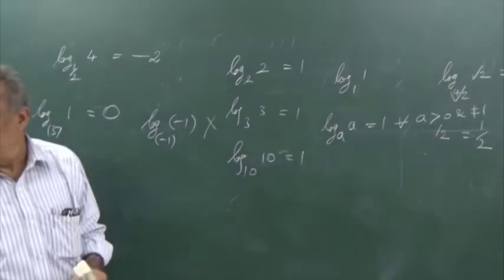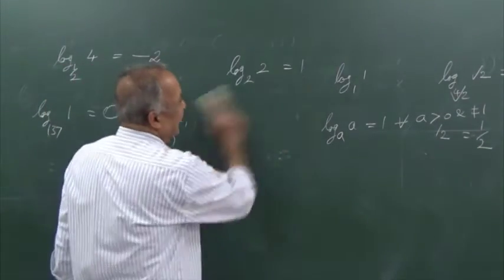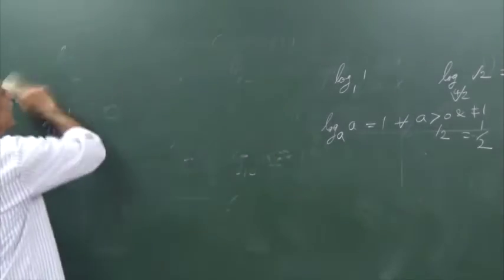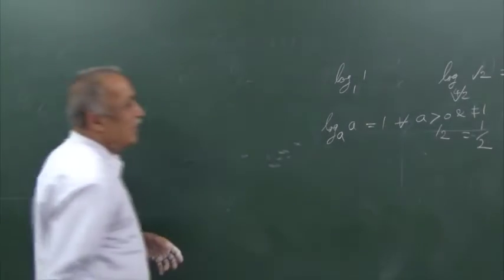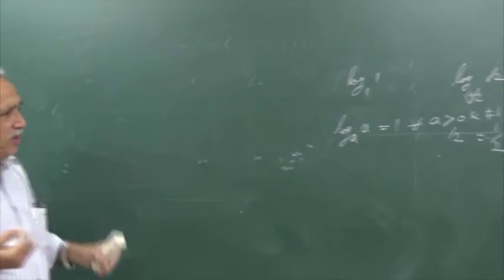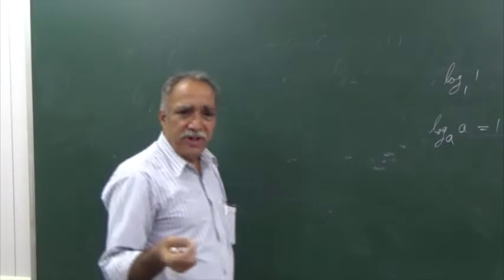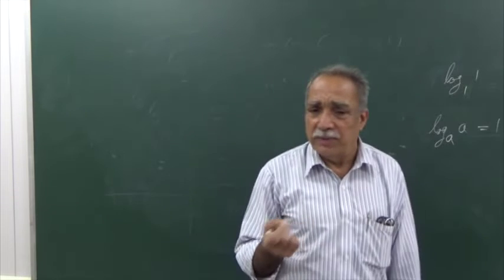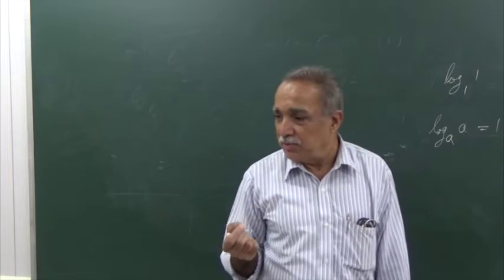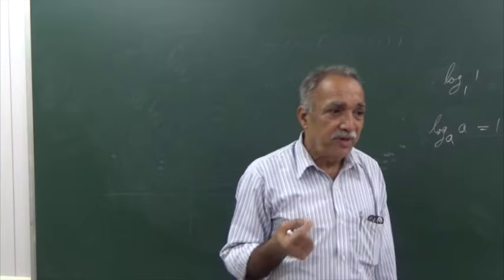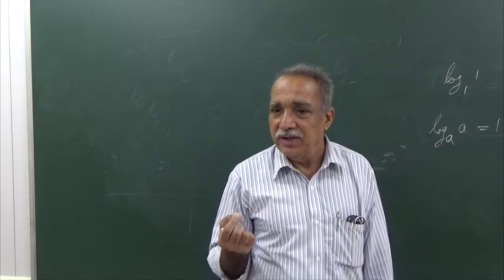For every a greater than 0 not equal to 1. A number of properties are possessed by this logarithmic function. Most of the properties you must be familiar with. Log of a product, sum of the logarithms. Log of a quotient x by y, log x minus log y. Log of a to the power n.